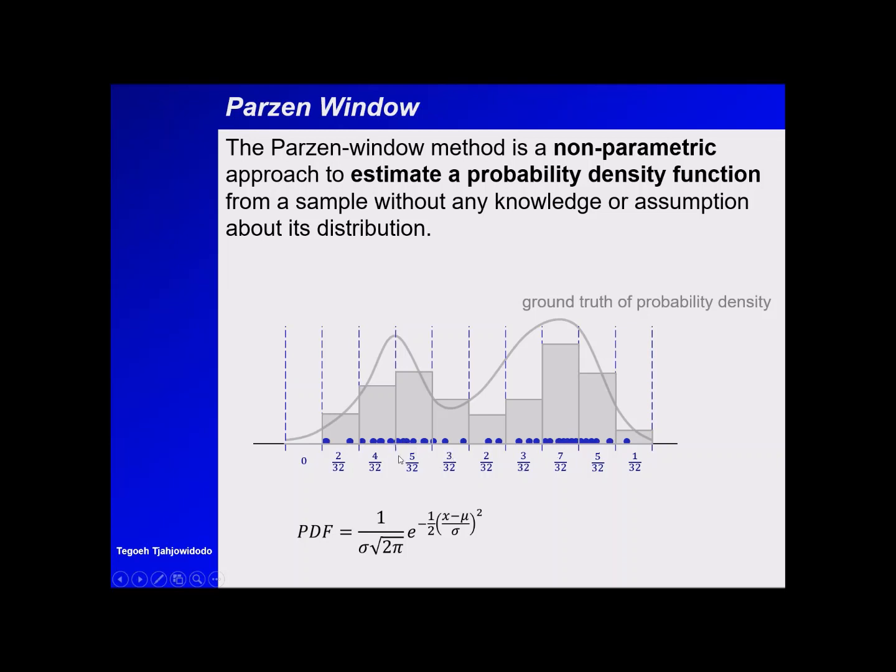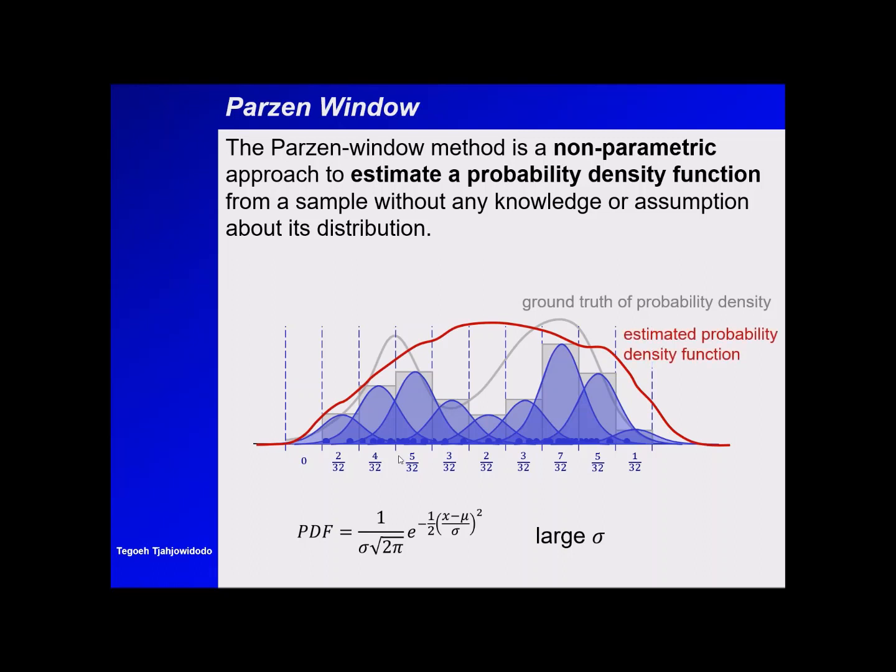So looking at this data from the samples, I expect I will have a distribution with two peaks. So based on that qualitative judgment, then you can properly choose a nice sigma to estimate the probability density function of the population.